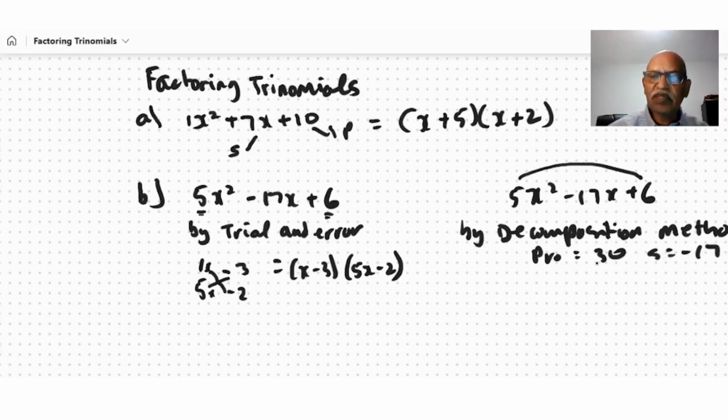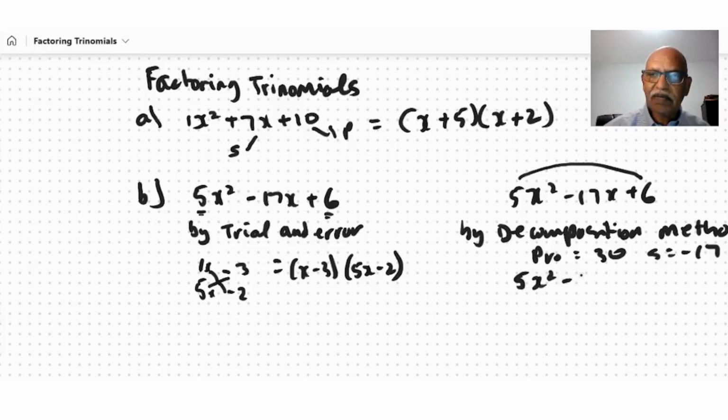What two numbers multiplied give me 30, added negative 17? So the sum is negative 17, so the product is positive. So both numbers must be negative here. Therefore, the two numbers are negative 15 and negative 2. So decomposition means break down a middle number.